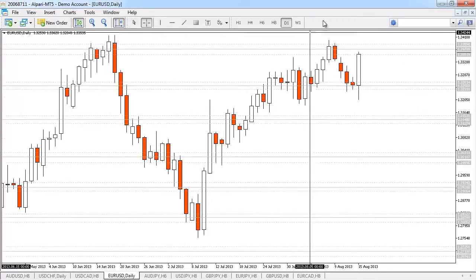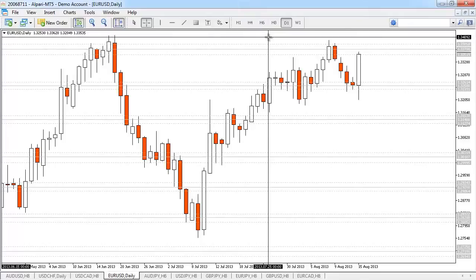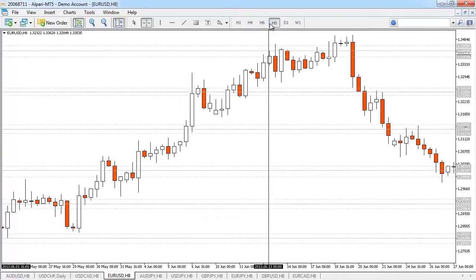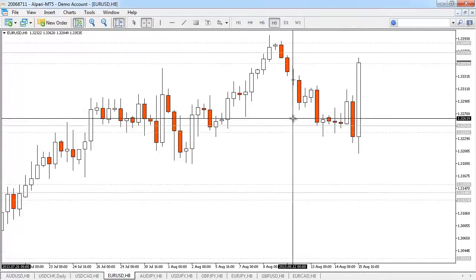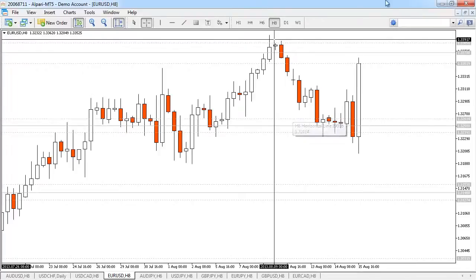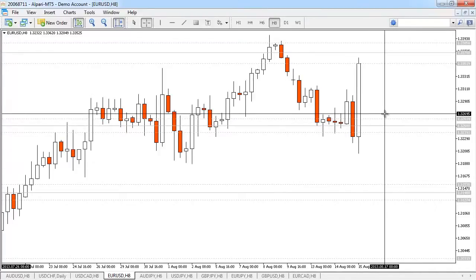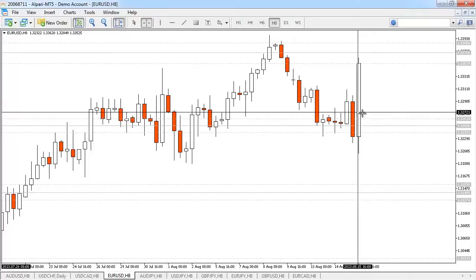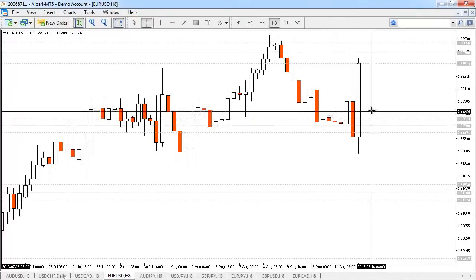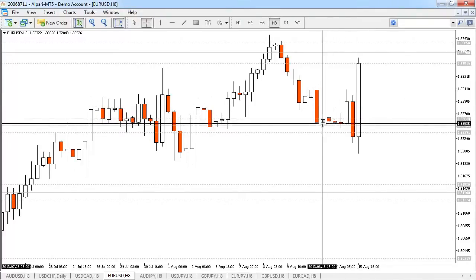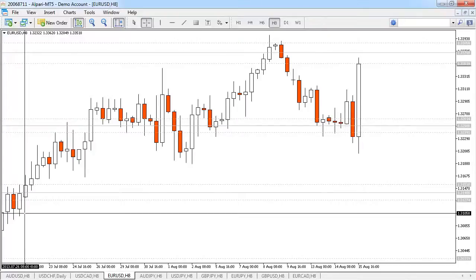Let me show you the Euro USD trade from this week, because some people traded this Euro USD trade on the 8 hour. So they did it a little differently to what I showed you guys on the daily chart. You can see there's several indecision candles. Let me highlight this.